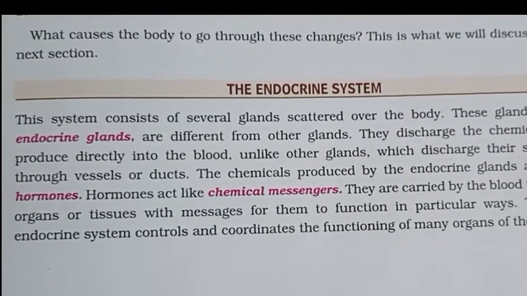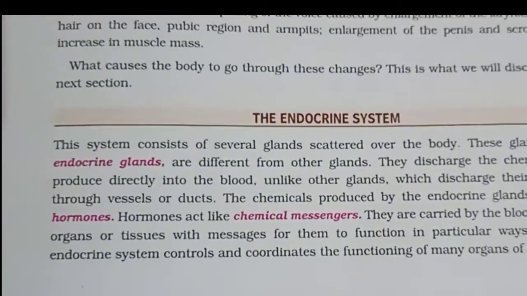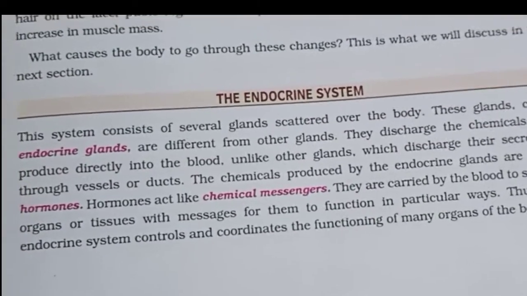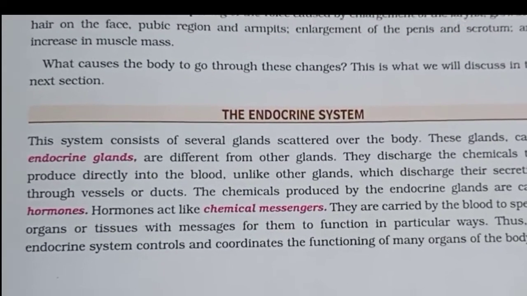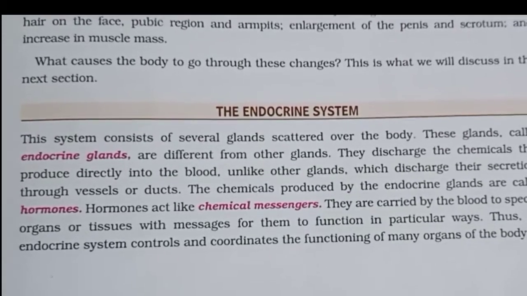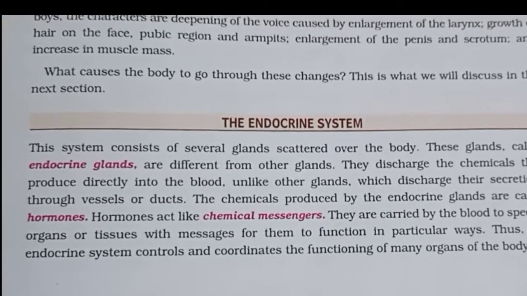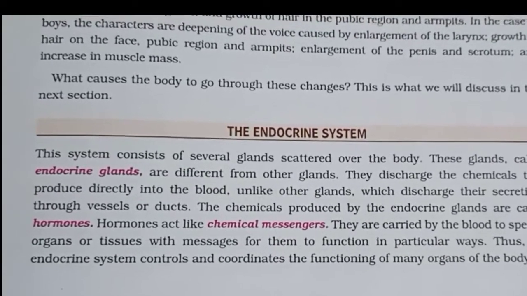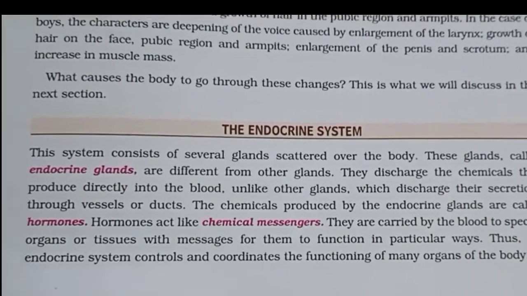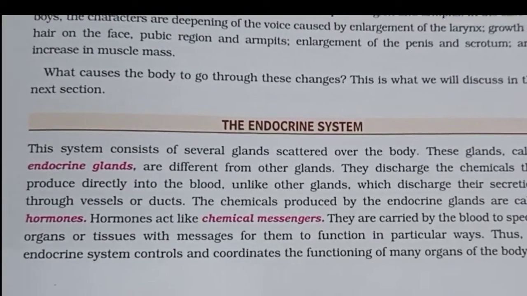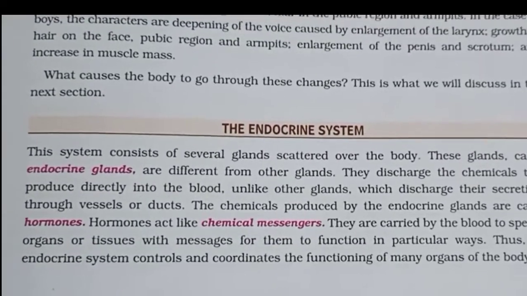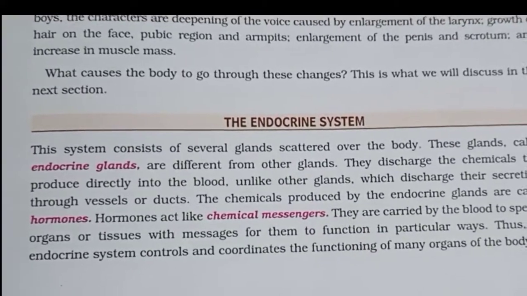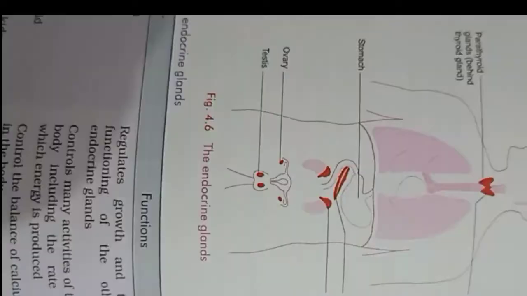So what are hormones? Hormones act like chemical messengers. They are carried by the blood to the specific organs or tissues with messages for them about what they have to perform. Thus, we can say the endocrine system controls and coordinates the functioning of many organs of our body.